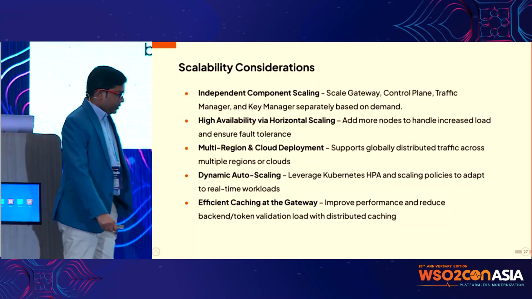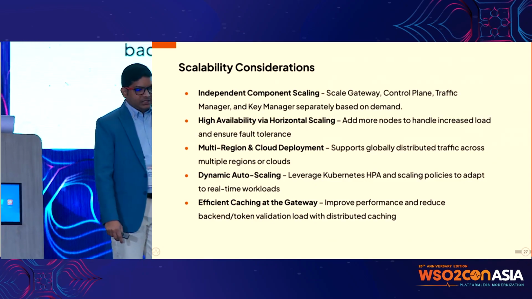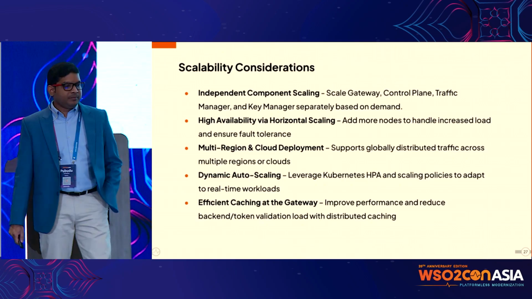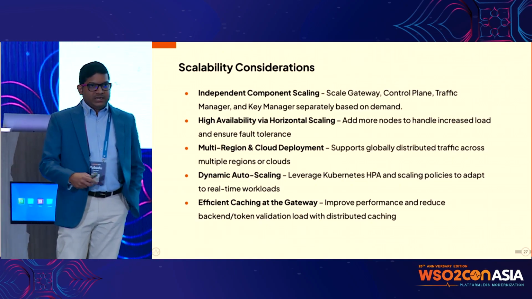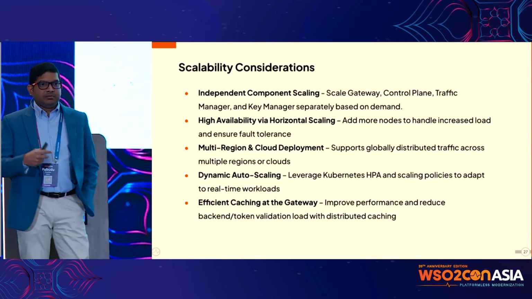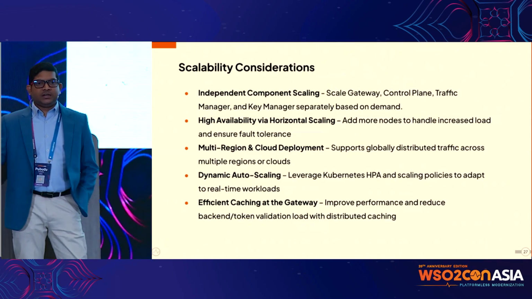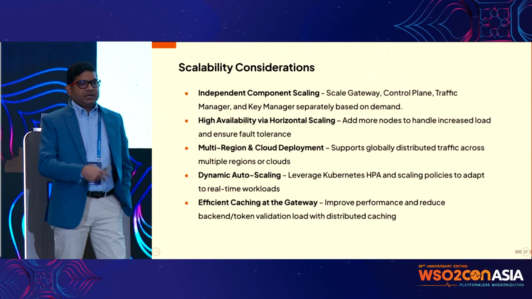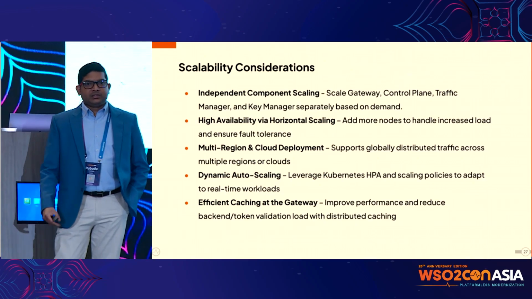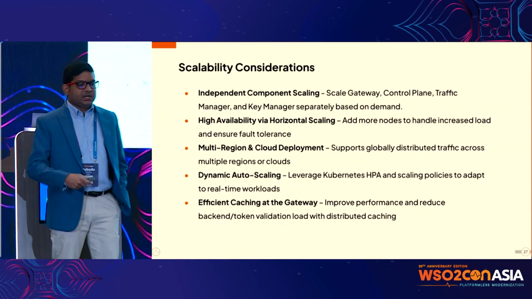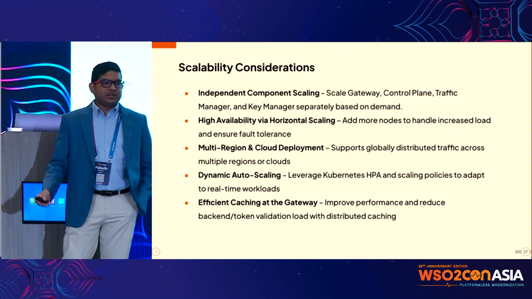Right. With all these architectures, we have to look at scalability considerations as well. One key aspect is that based on the demand, based on the peak hour load, you have to make sure you serve that traffic. So independent component scaling is a key factor, where you can scale your gateways, your control plane and other functionalities.